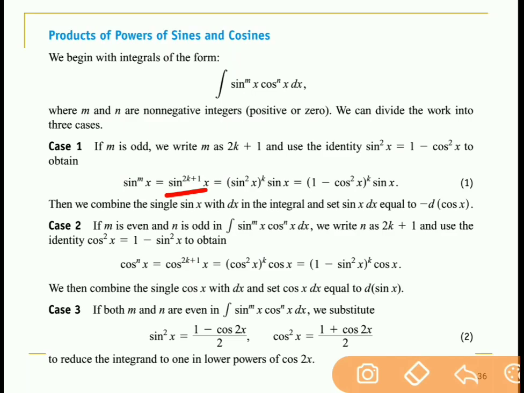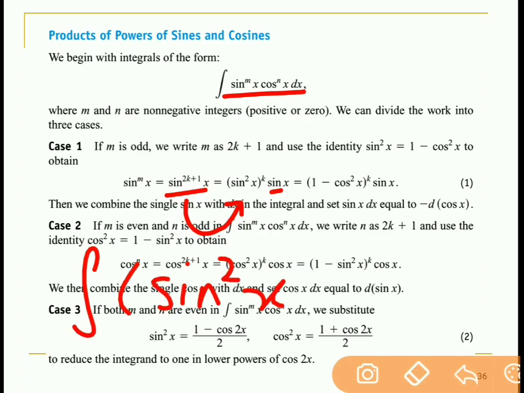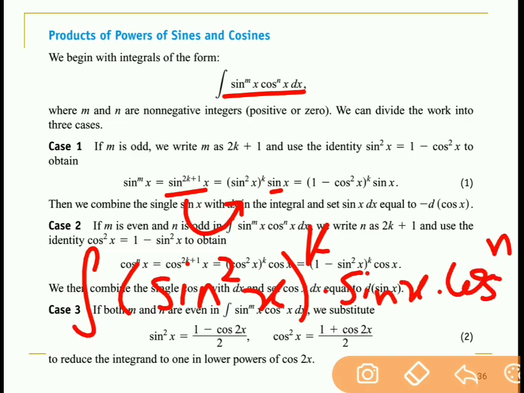This odd power of sin x can be converted into an even power of sin x, that is sin square x raised to k into sin x. So this given integral will be converted into sin square x raised to k into sin x into cos x raised to n into dx.